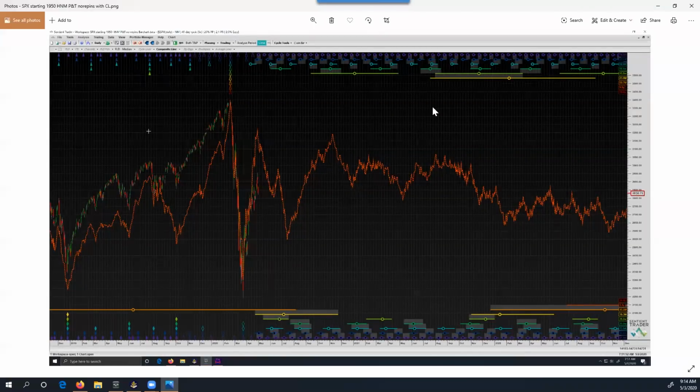But look what happens after that. It just can't go much of anywhere. And so if I were going to try to figure out what this is suggesting in the future, I would say that this is a significant and major top, and probably the end of 5 waves up from the 2009 low.